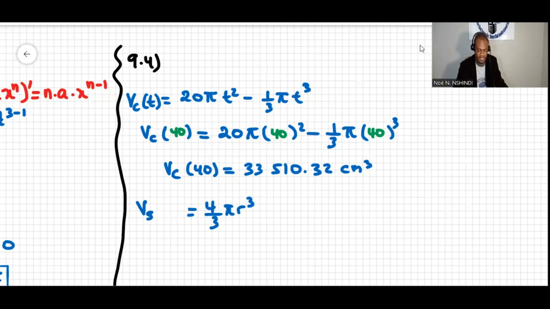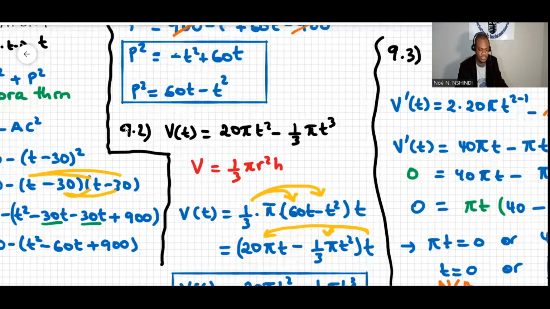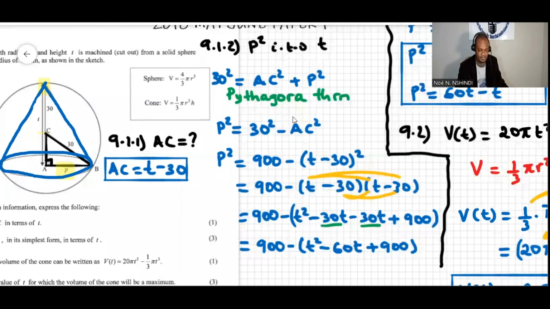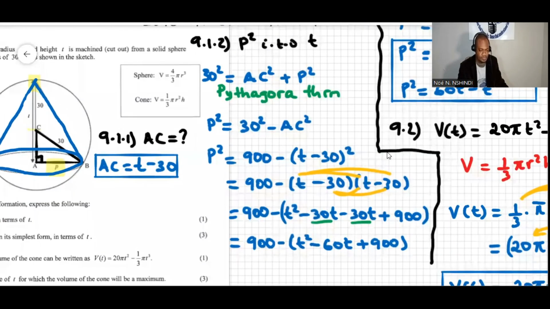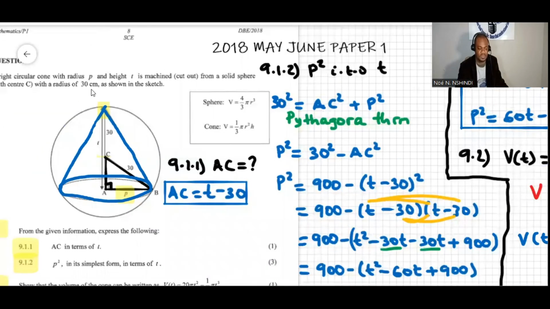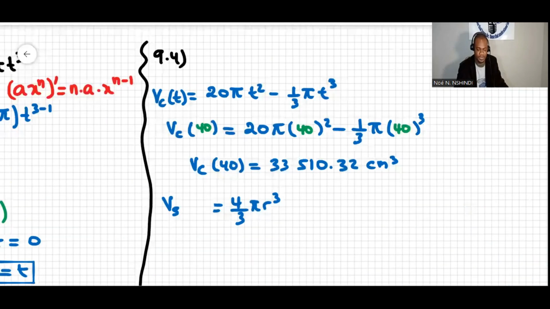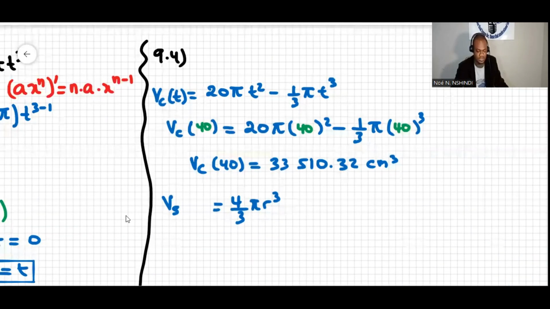Now, because r for the sphere is given, I remember it was 30. Let's double check. Yes, it is also said here, a radius of 30 centimeters. So it was 30 there, and then we can work out this.